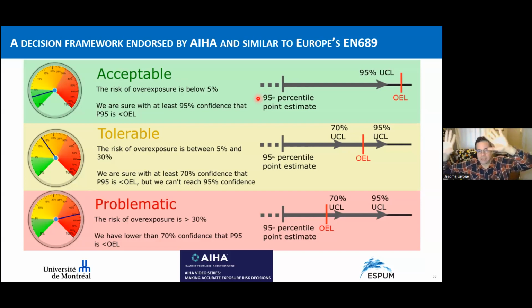So let's say now we talk about overexposure, and then this green category here is the probability that overexposure exists, right? So this 5% here is a chance that something happens. If I use the two 5% in the same sentence, we say this is acceptable if the chance that more than 5% of exposure levels are above the OEL is less than 5%.